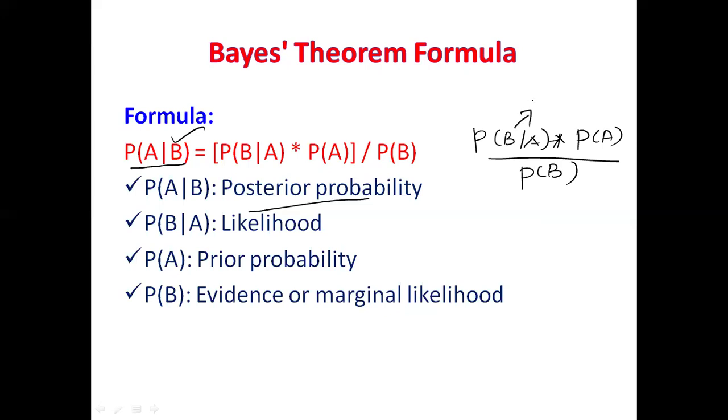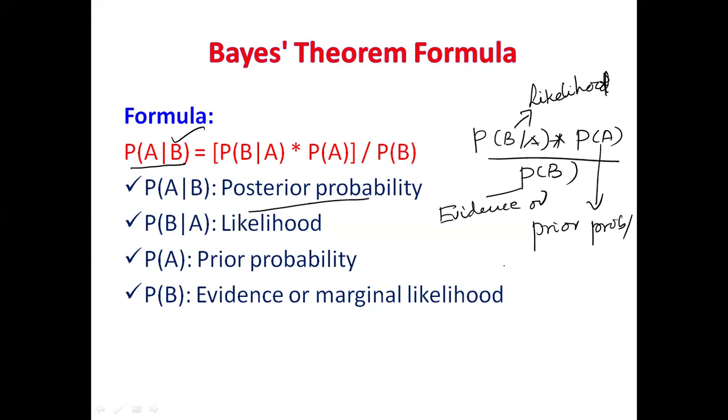The probability of B given A is the likelihood. The probability of A is the prior probability. And the probability of B is the evidence or marginal likelihood.